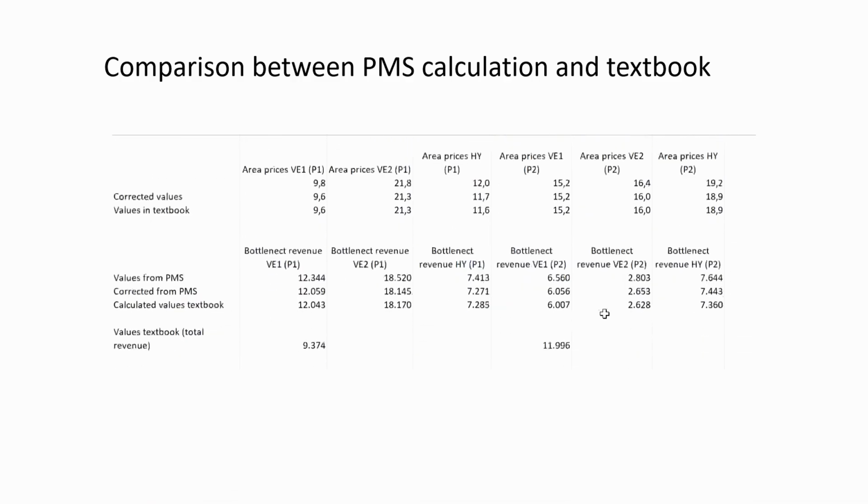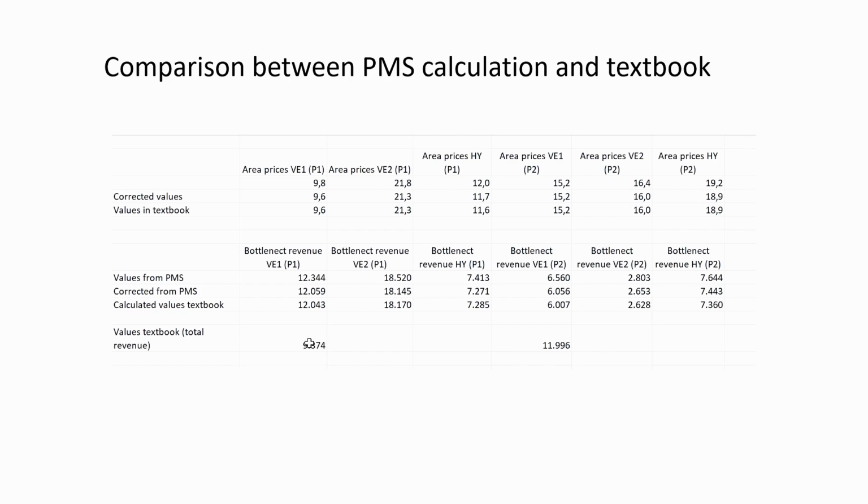If we look here on the bottleneck revenues, this is the values from the Power Market Simulator model here, and this is the corrected values here. And when we compare the corrected values with the values in the textbook, you can see here that the values are nearly the same here.